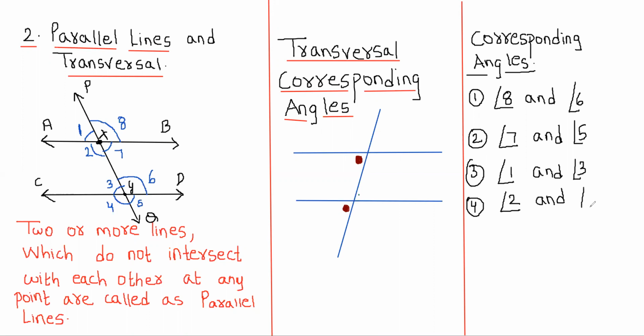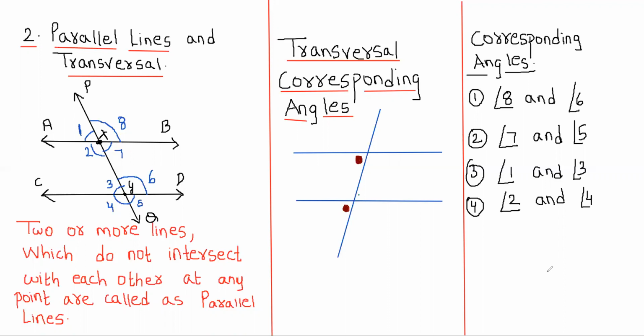So how many pairs do we get? We get 4 pairs of corresponding angles, students, when two parallel lines are intersected by one transversal.